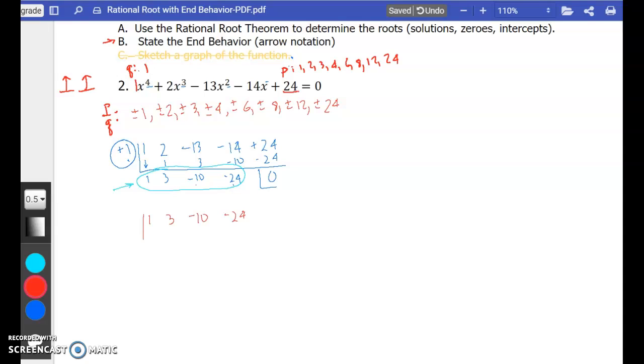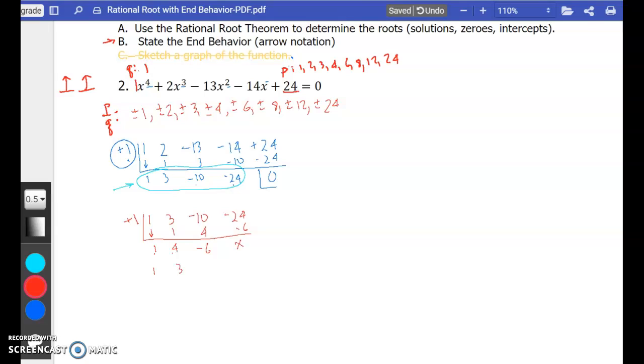I'm going to go back to positive 1, bringing down the 1. 1 times 1 is 1, 3 plus 1 is 4. Positive 1 times a positive 4 is 4. Negative 10 plus 4 is negative 6. 1 times negative 6 is negative 6. That is not going to give me a 0.